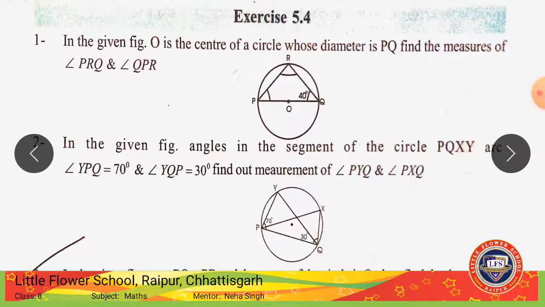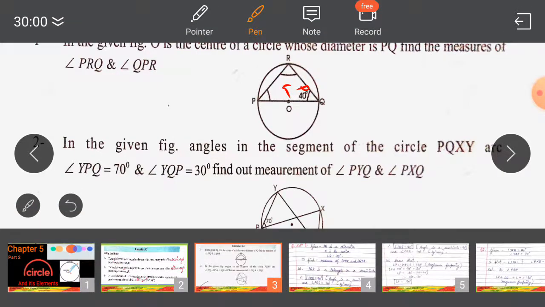Now PRQ is a semicircle, and PRQ angle is on the semicircle, so what will it be? We have studied the theorem, it will be 90 degree, right?